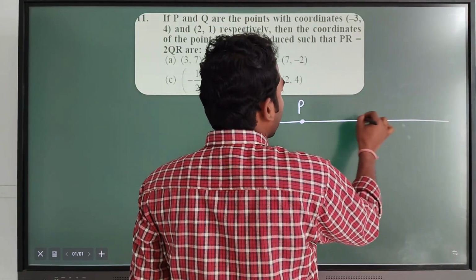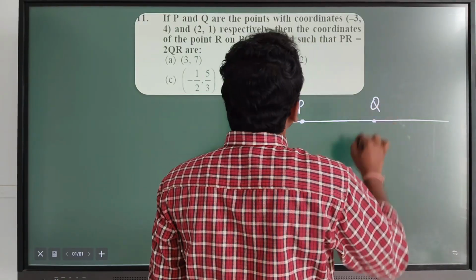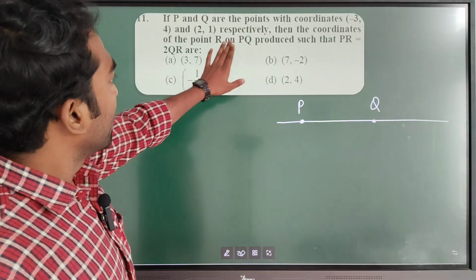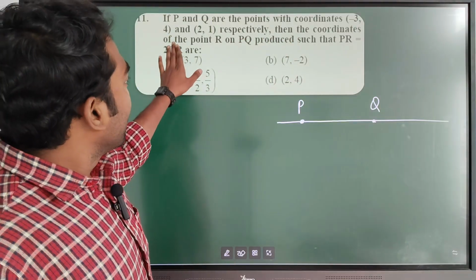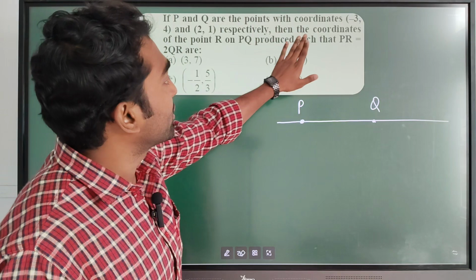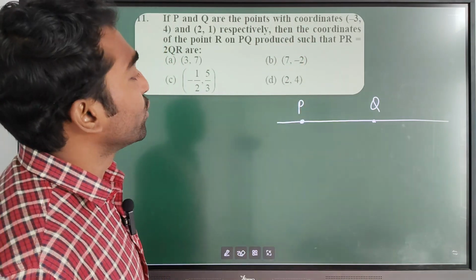This is the point P and this is the point Q, and it is given that R is the point on PQ produced such that PR is equal to 2QR.